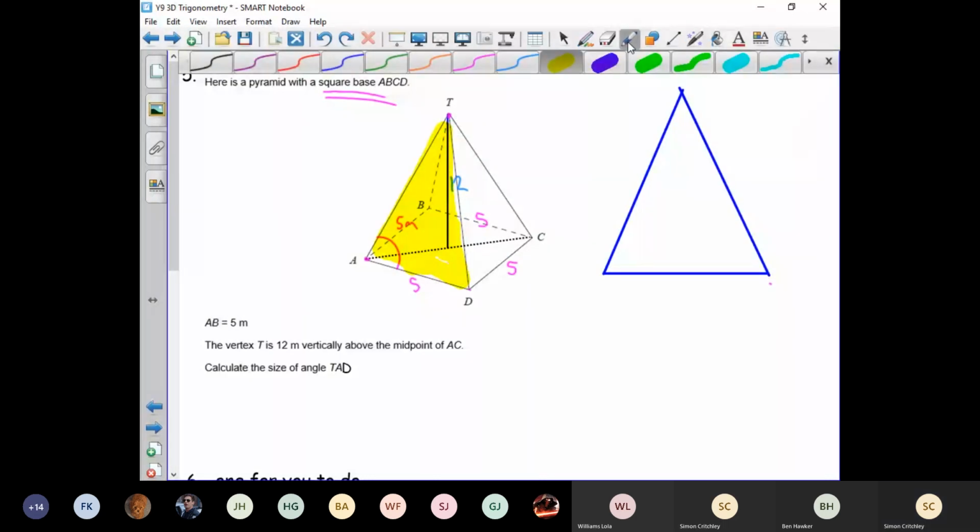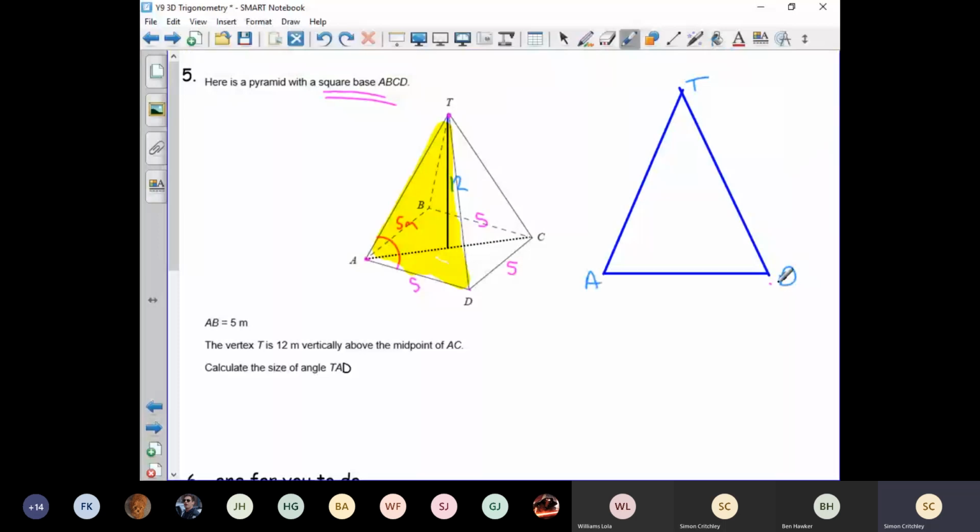See at the top, A and D. Do we know any of those measurements yet on that new triangle TAD? And we know the bottom one, which is 5. Awesome.